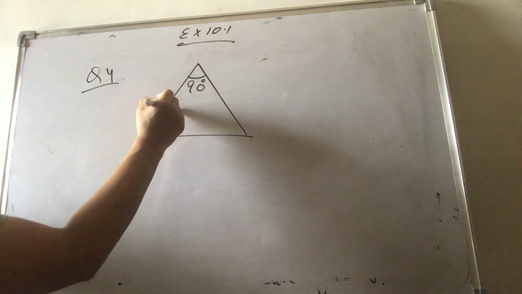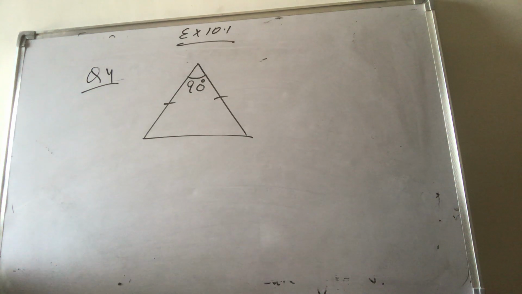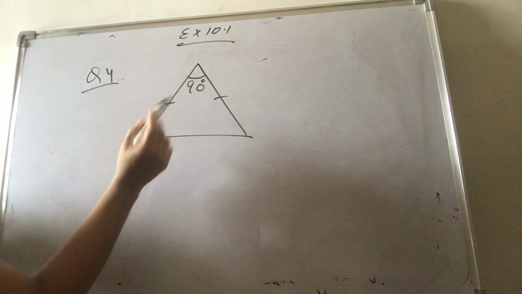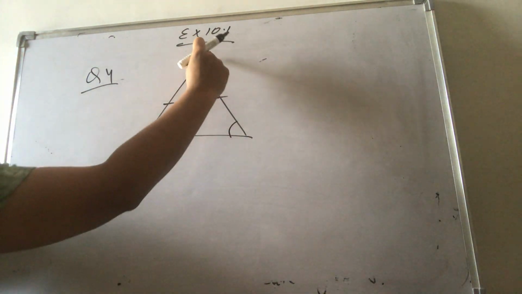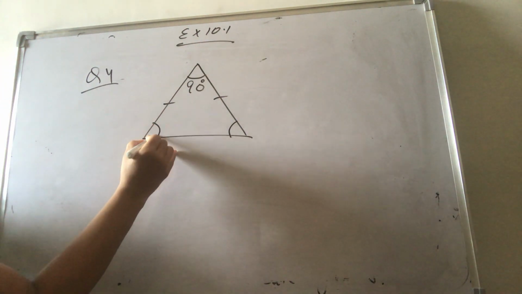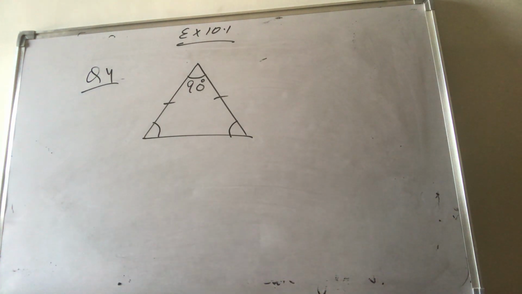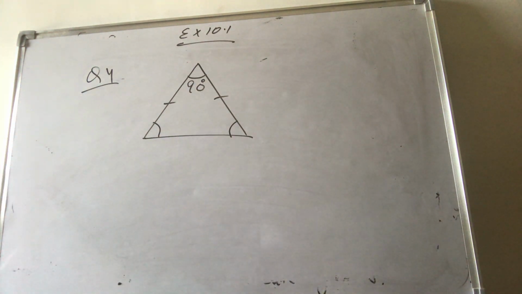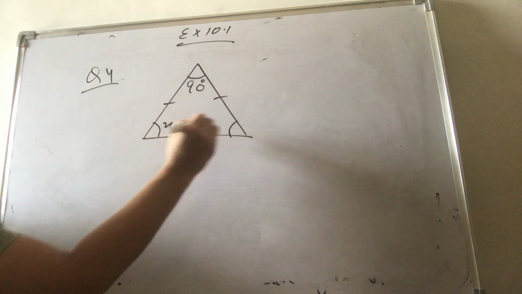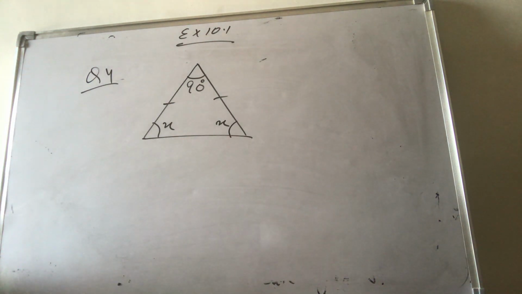As this is an isosceles triangle, let me take these two sides as equal sides. Now the angle opposite to this side is this, and the angle opposite to this side will be this, and these two angles will be equal because two sides are equal. The angles opposite to them will also be equal. Let me take as x.